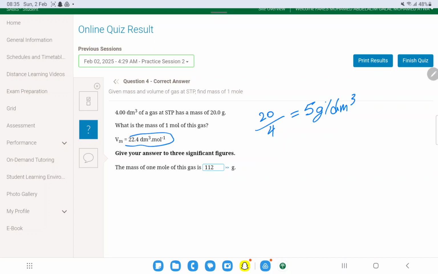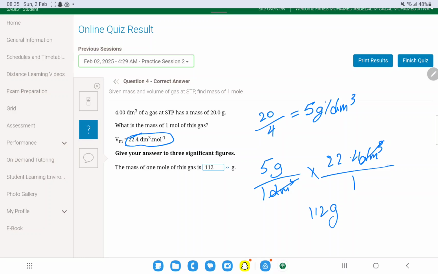Then you multiply by 22.4 decimeter cubed over 1 mole. The units cancel, and 5 times 22.4 is 112 grams, with 3 significant figures, the correct amount. And that is section 5.1.